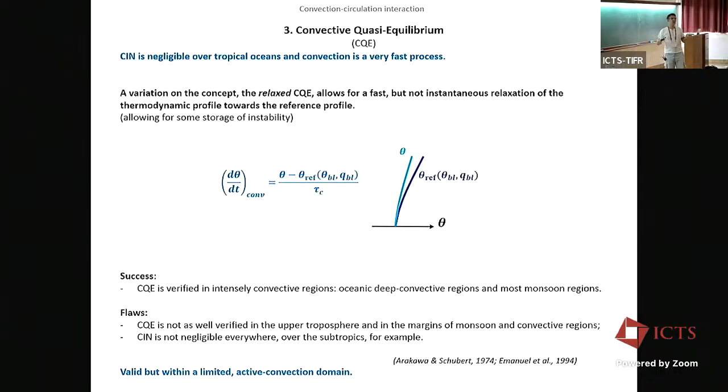So you can think of a sort of envelope where it's quite applicable, which has limits both in the horizontal and the vertical. And then on the margins, it doesn't work as well. And there is also that problem that I mentioned about convective inhibition. We know it's not negligible in the subtropics, wherever it's subsiding. We want to neglect it in the deep tropics where it's convecting. How do we do the transition between the two?